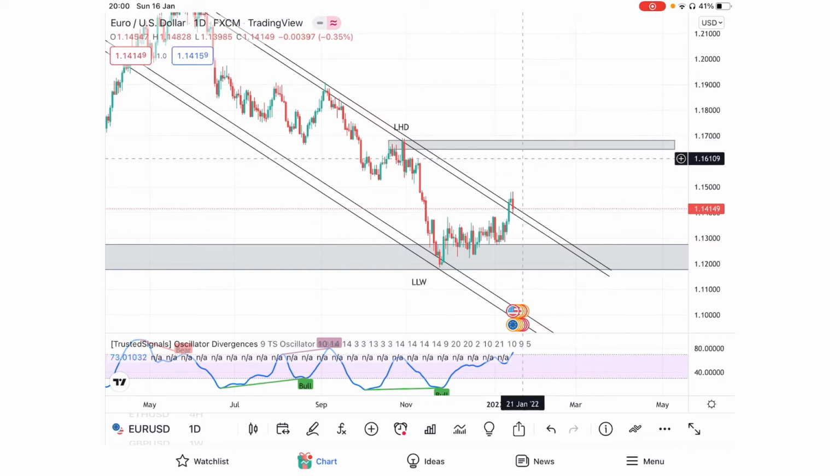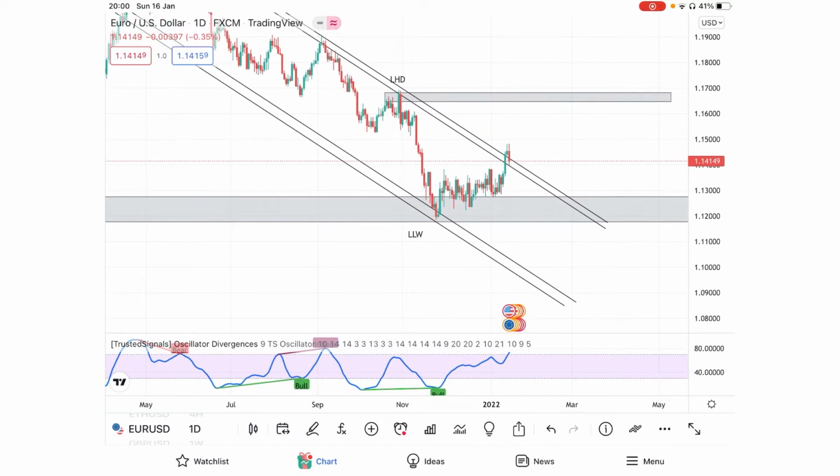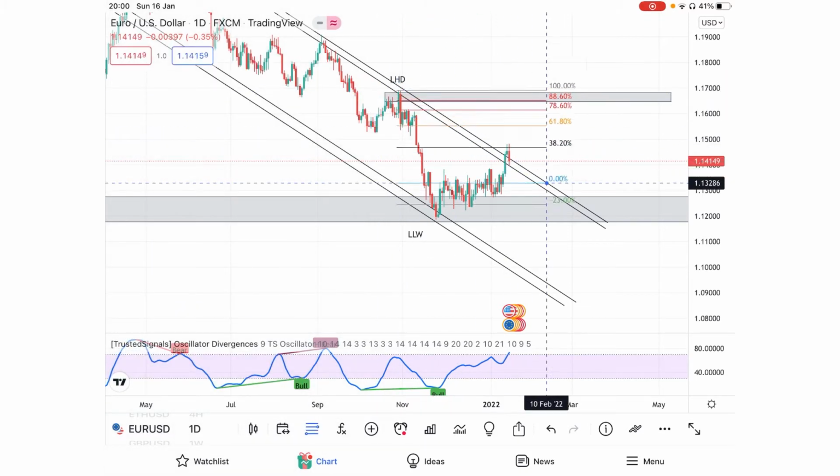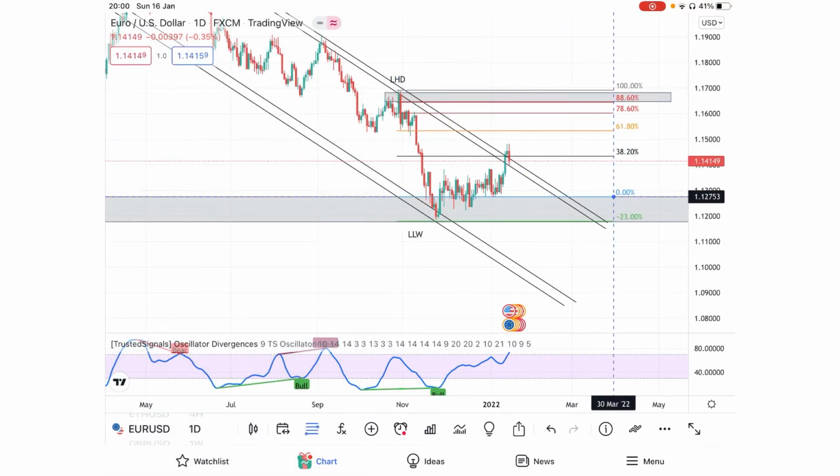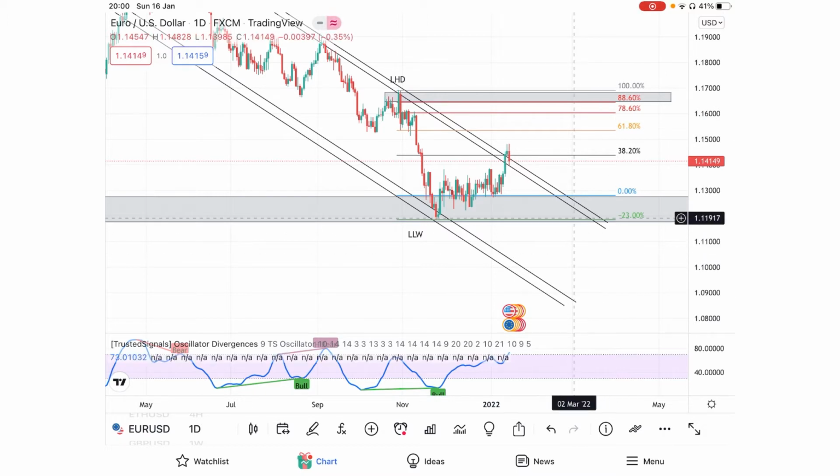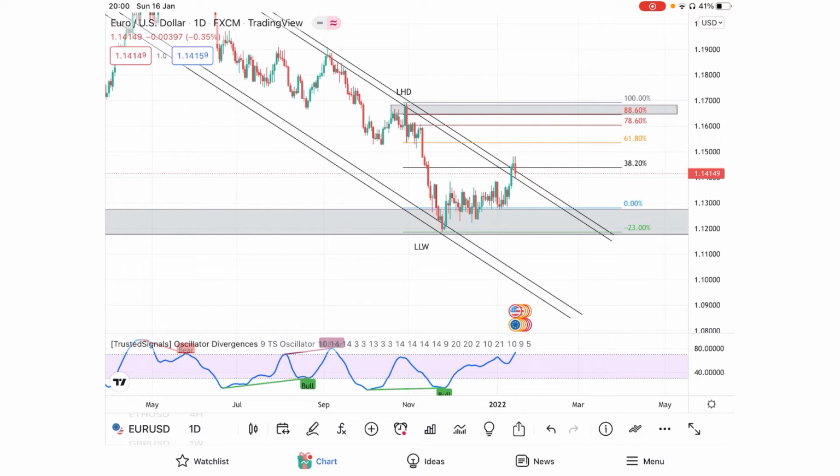Of course, we can see a retest and going upside all the way here. Or what else we can see? We can draw a fib retracement from the LHD, from the lower high of the daily, all the way here. And we could just go up to this golden zone right here and then bounce down for a new lower low. That's also a possible scenario.